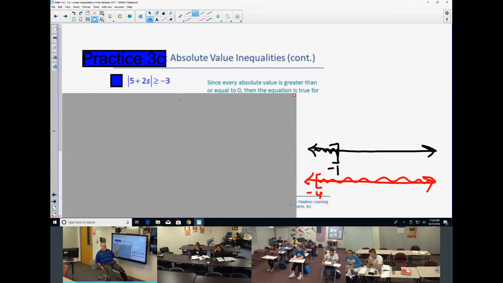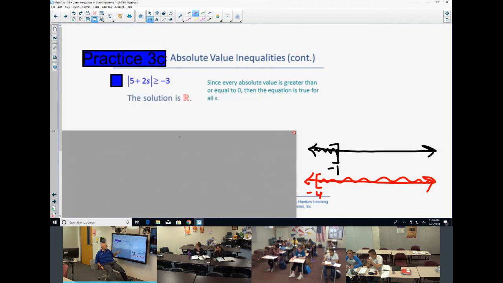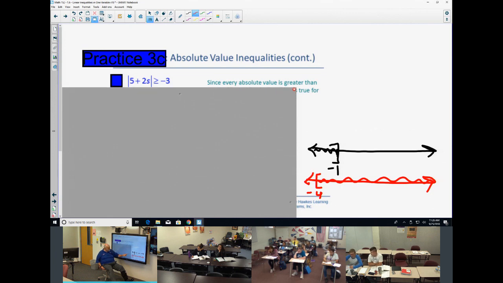It's going to be either everything or nothing. Okay? So here the solution is all real numbers because every single number has an absolute value greater than or equal to -3. Okay? All right. Any questions on that? Okay.